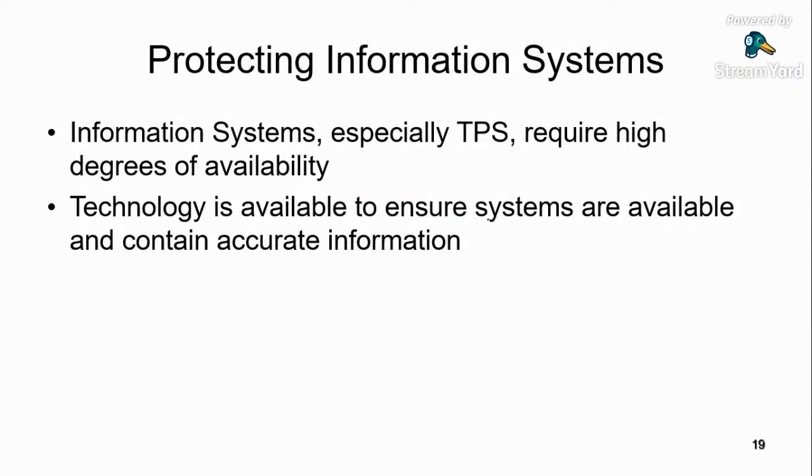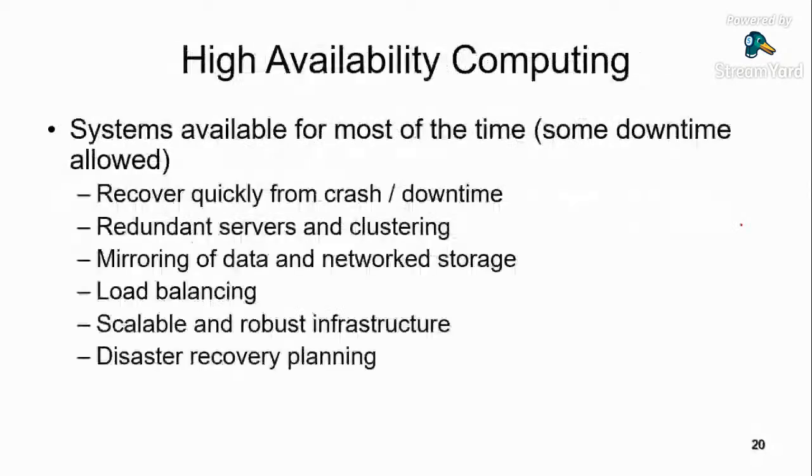This high availability is implemented through load balancing, clustering, mirroring, DR plans, and various security audits, so that software security loopholes are found and there is no unauthorized access or crashing of the systems. This also has to be monitored.